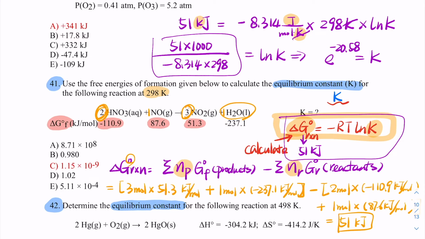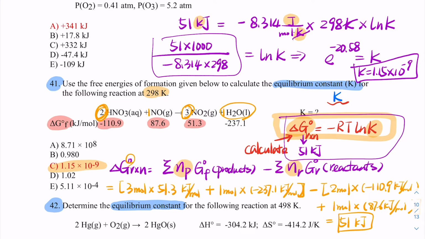Then I'm going to take e to the power of negative 20.58, and you get 1.15 times 10 to the power of -9. So that will be the answer for this question. Of course, that matches choice C.